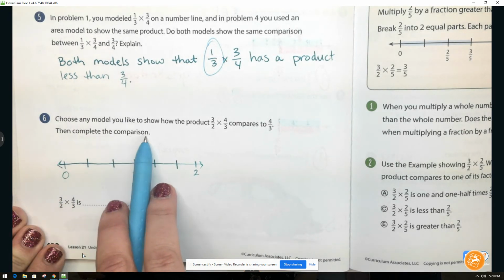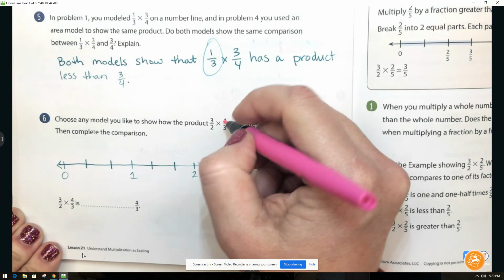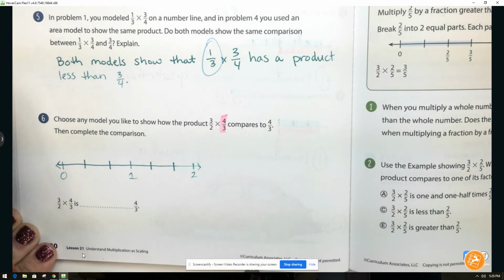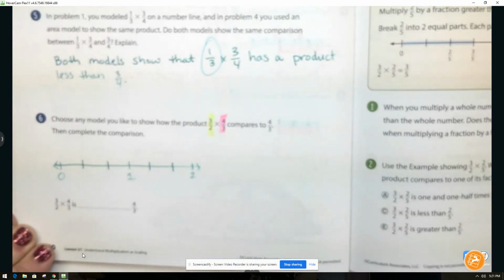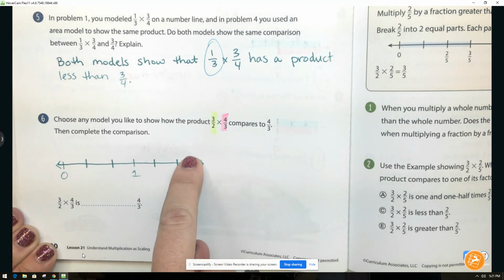Then complete the comparison. I'm going to show 4/3 in pink, and I'm going to show 3/2 in yellow. I'll do the 4/3 below the line and the 3/2 above the line.